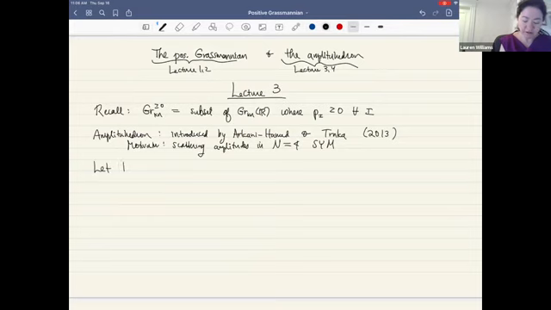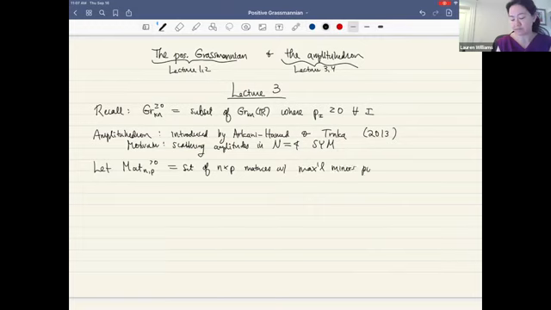So let's define Mat_{n,p}^{>0} to be the set of all n by p matrices with maximal minors positive. And in the next definition, I want to fix positive numbers k, n, and m such that k plus m is at most n.